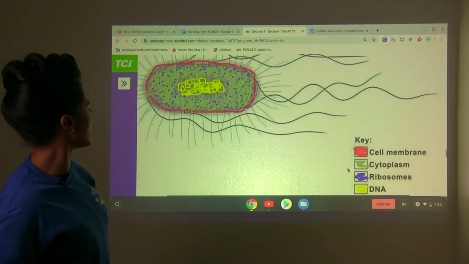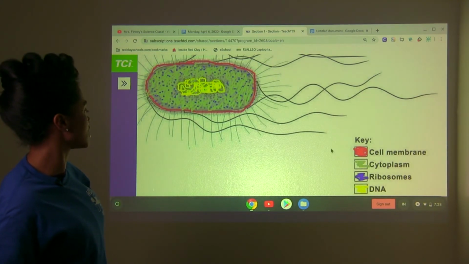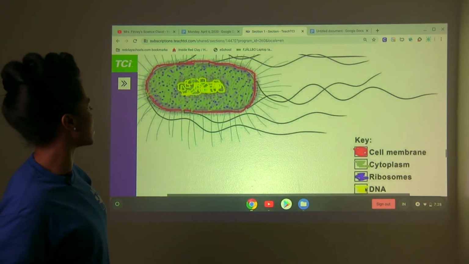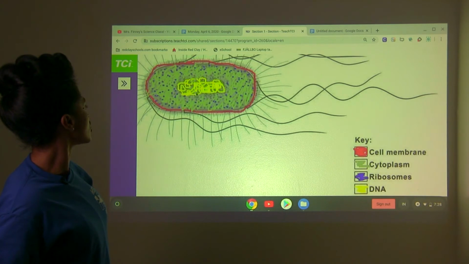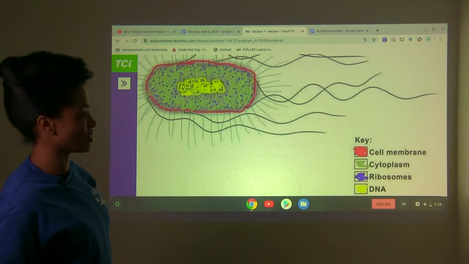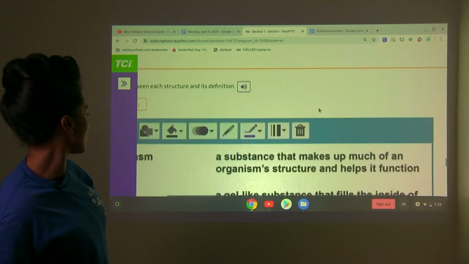The ribosomes we have as blue. So you'll see blue dots inside of the cell to represent the ribosomes. All right. And the DNA, they selected yellow. And so you have the DNA looking like some squiggly strand in the middle of the bacterial cell. Okay. So you can create a similar image on your own.